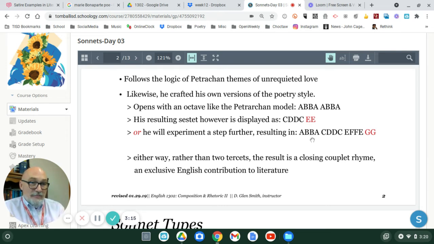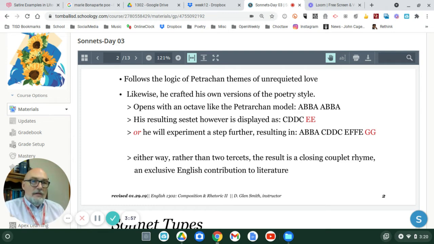The other version he liked to play with is closer to the English version, in which case, again, you do have 3 independent quatrains and a closing couplet. The main difference between this version and this version: the first version I went over repeats rhyming in stanza 1 and stanza 2, whereas in the secondary version that he created, you have 3 independent stanzas standing alone as far as rhyme schemes.